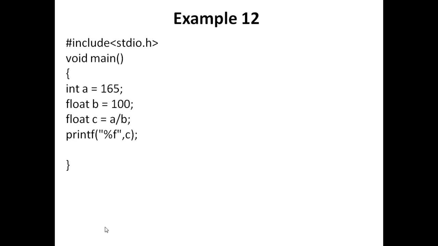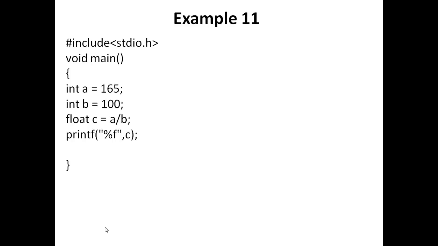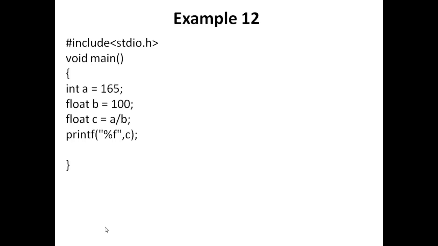And again here we are following the same float, but in this case, if you see, we have a float for B, but in the previous case we had an integer for B, so the output differs here.